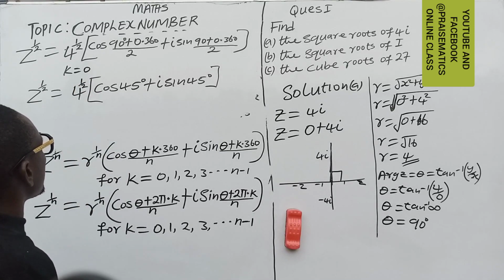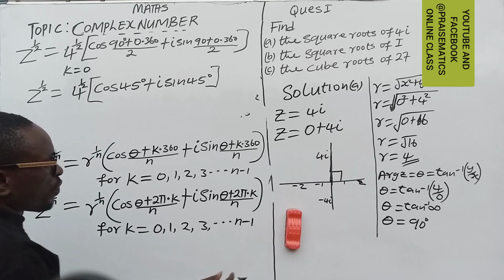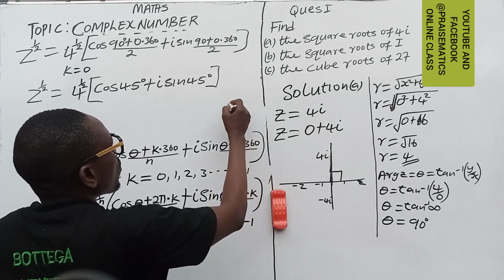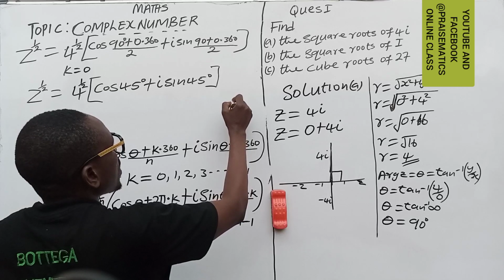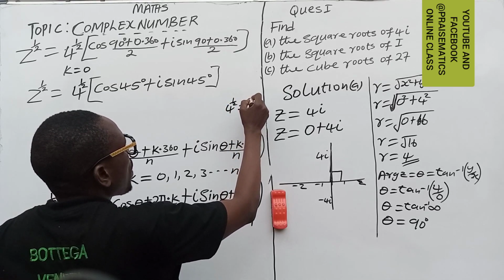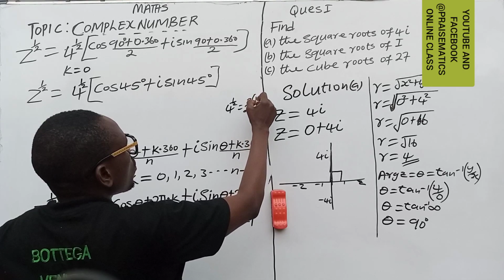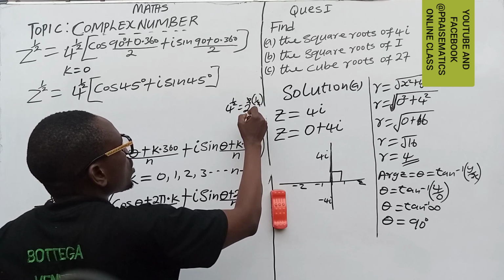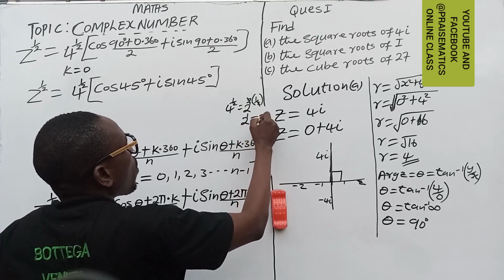And that is it. How do we do this 1 over 2? From the laws of indices, we can have 4 raised to power 1 over 2 as the same thing as 2 squared raised to power 1 over 2. The 2 will cancel, and we are left with 2 raised to power 1, which is 2.